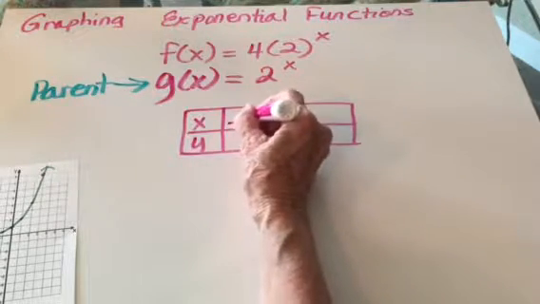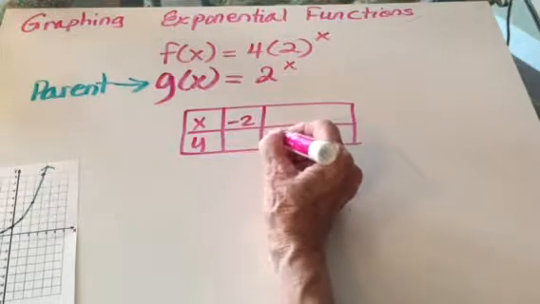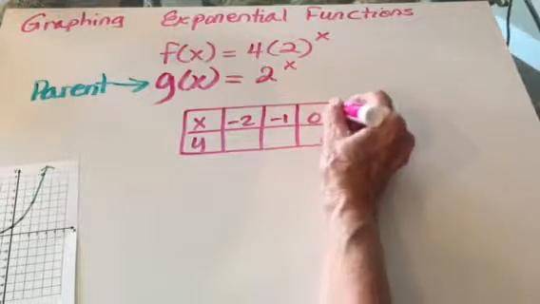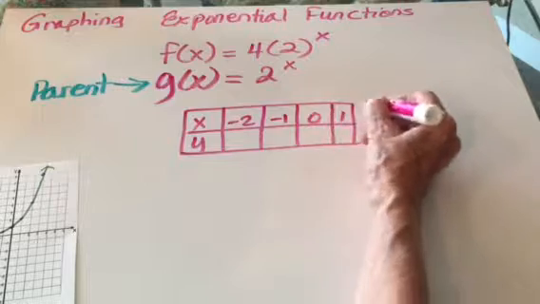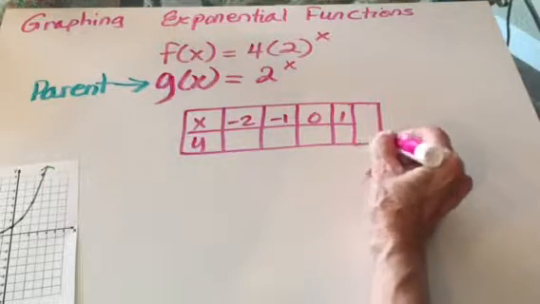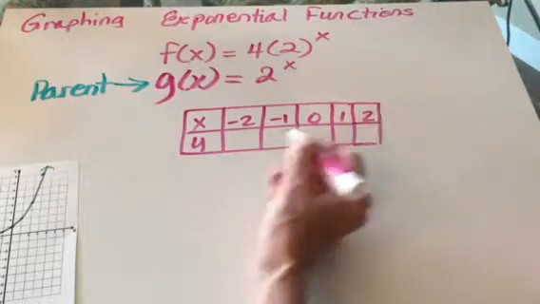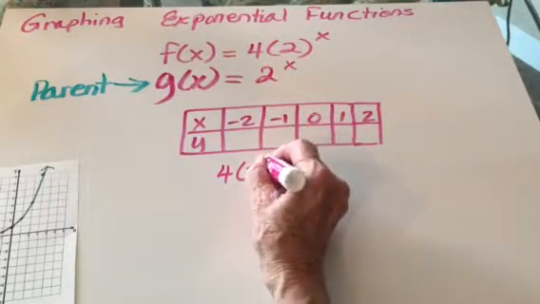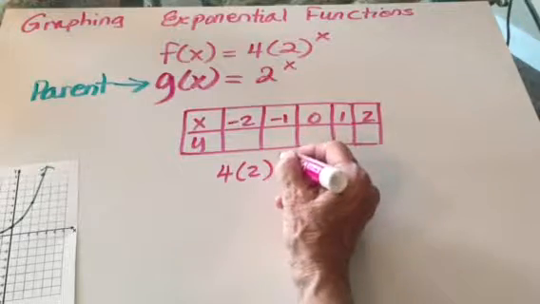I am going to start down here on -2 so you can see what happens. -1, 0, 1, and we'll add one more here, 2. All right, now we have 4 times 2 to the x power.